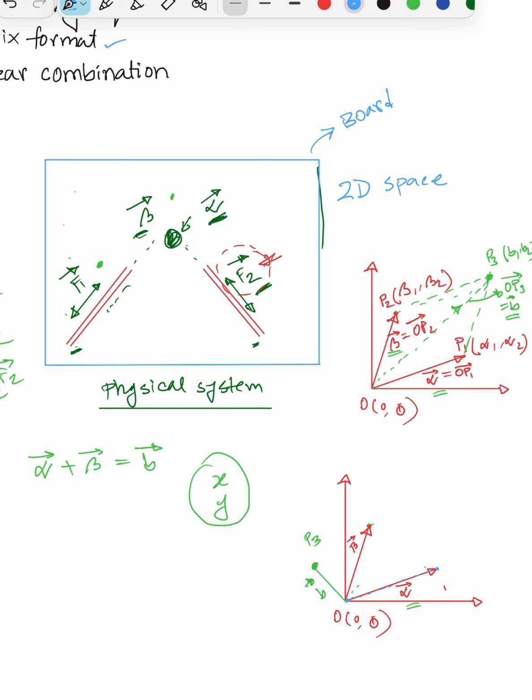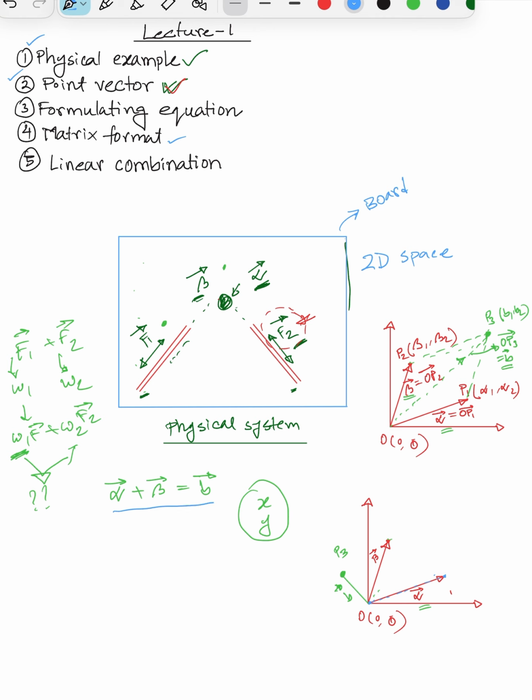Now from here we basically start beta. So we're talking about this equation here. First we go from 0 to alpha, this distance, and then we have to add beta. So beta is going to be parallel to this one.